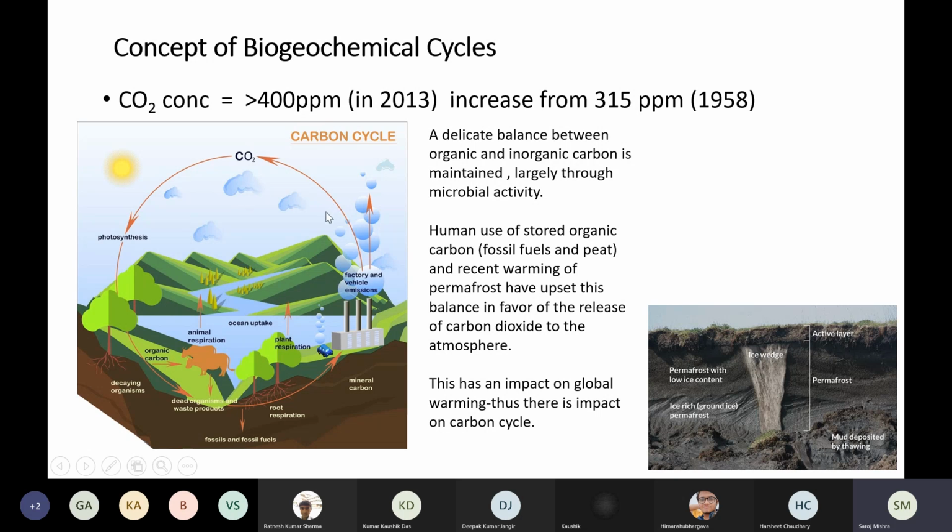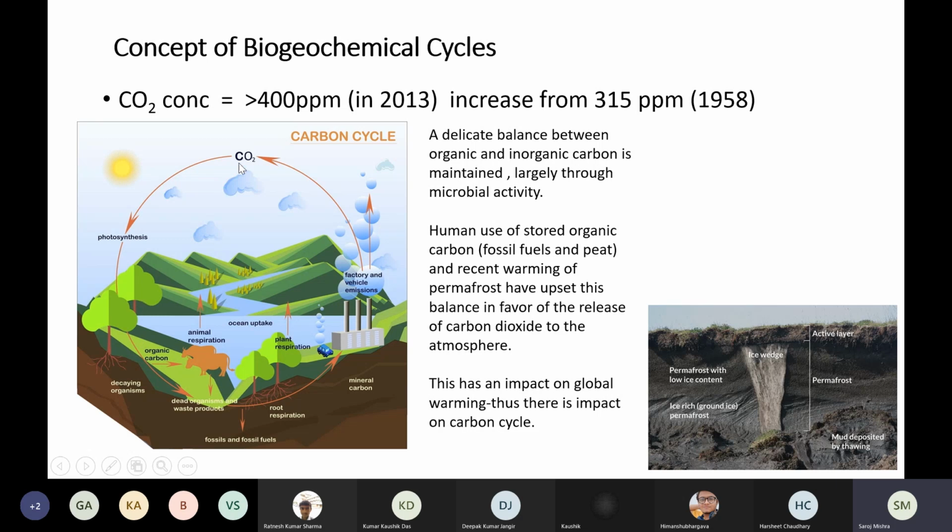This picture shows how carbon is cycled between different forms. In the atmosphere, carbon is present in the form of carbon dioxide, which, through photosynthesis, is trapped by either plants or photosynthetic microorganisms in the water bodies.